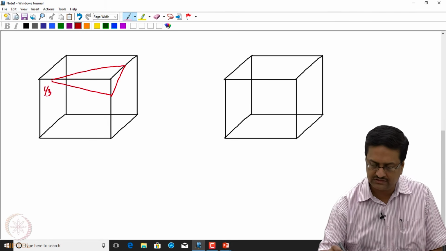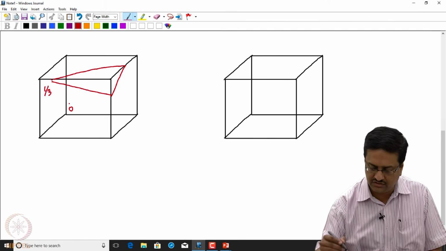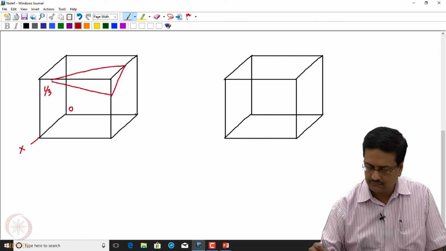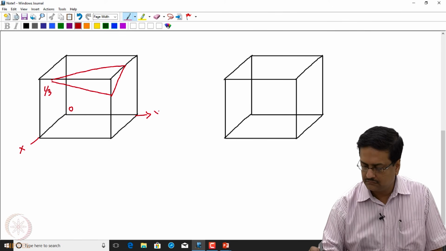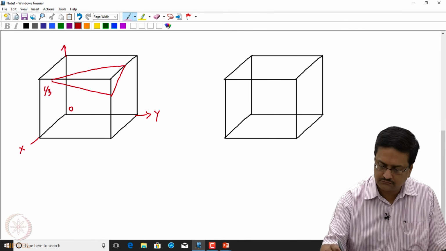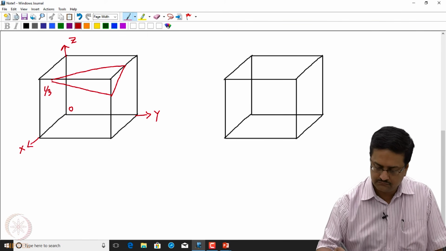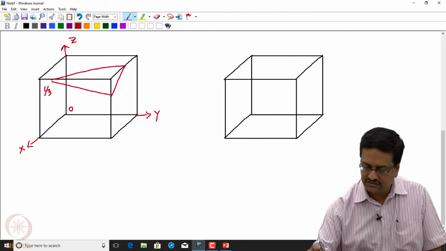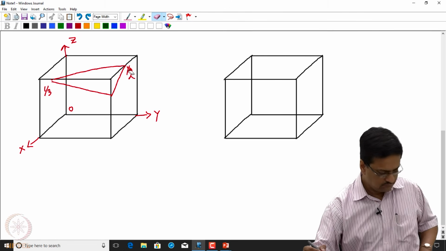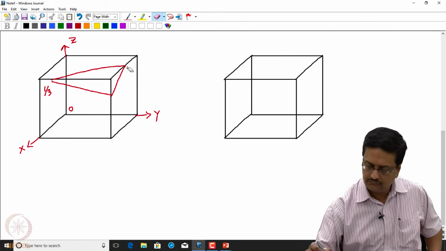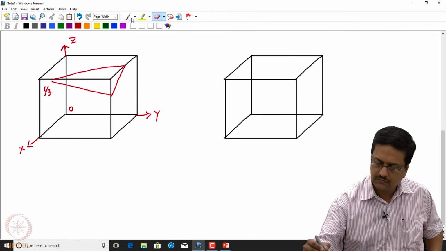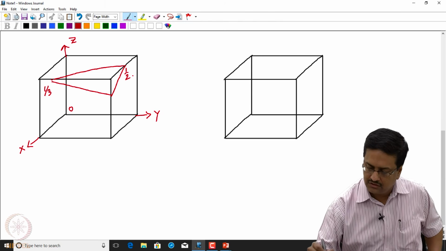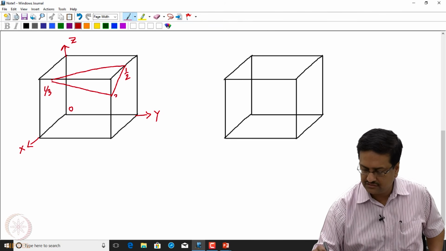This has intercept 1/3 with respect to that origin. This intercept here is half. And here this intercept is 3/4.